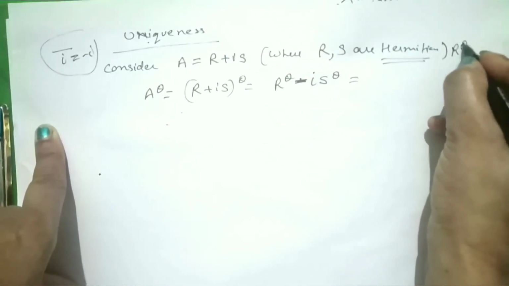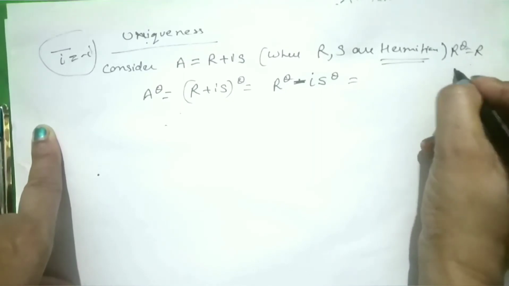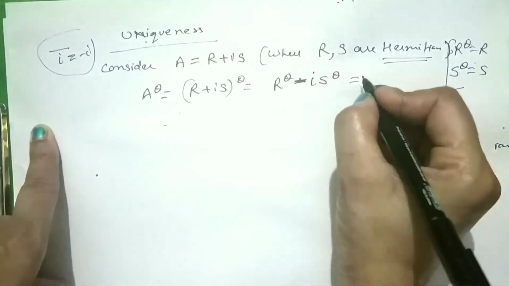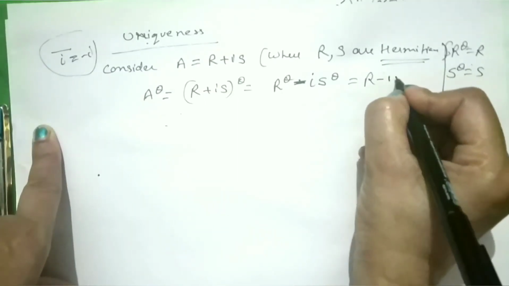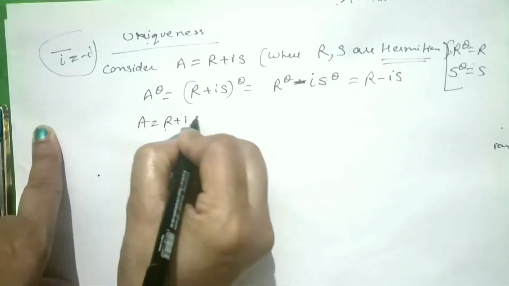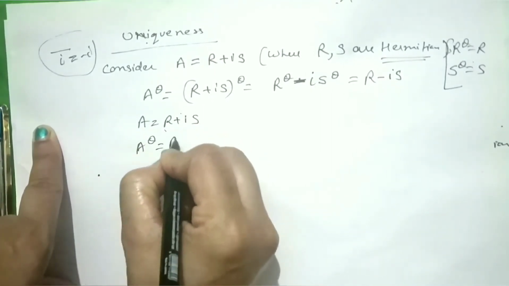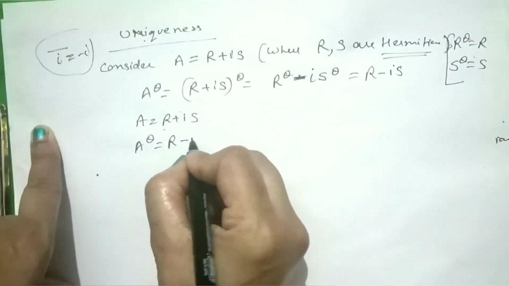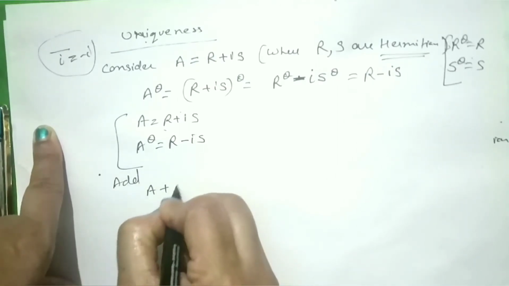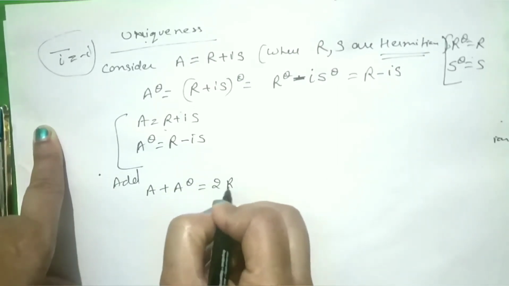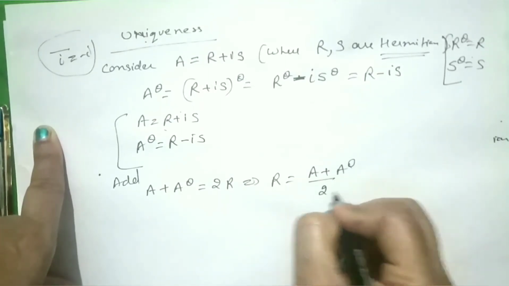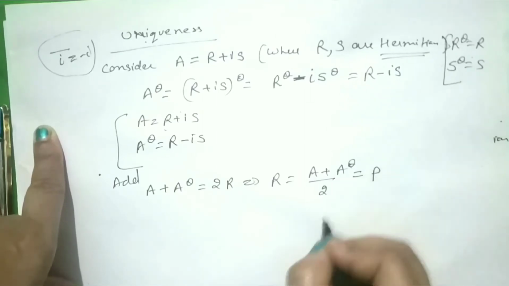Hermitian means R theta is R and S theta is S, because we have taken both Hermitian. So this will be R minus iota S. So what we get is A is equal to R plus iota S, and A theta is equal to R minus iota S. Now if we add these two, we get A plus A theta is equal to 2R, which means R is equal to A plus A theta upon 2, which is nothing but the value of P.